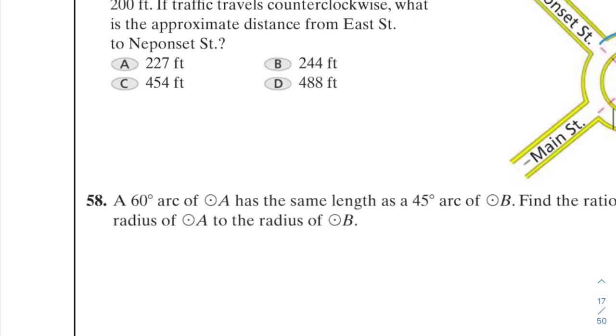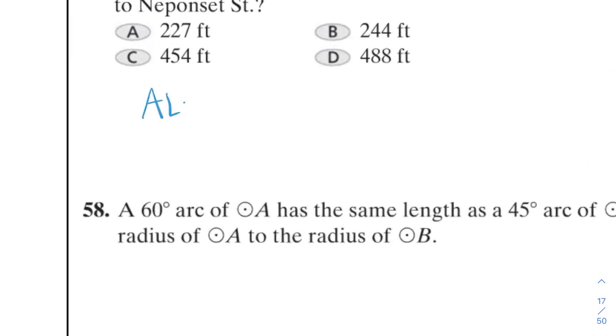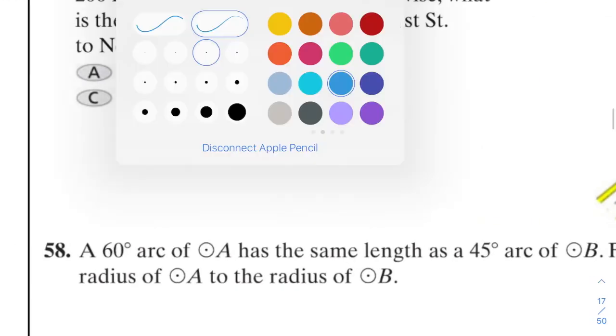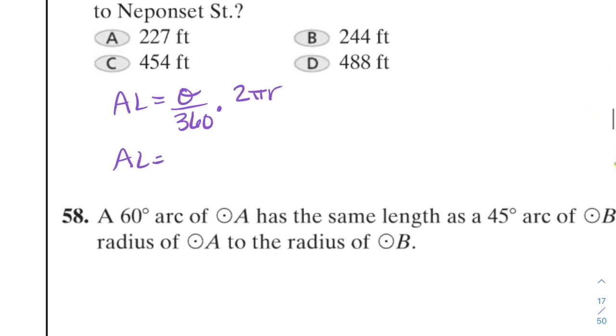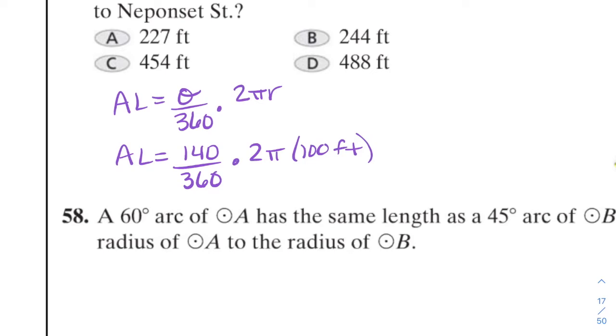So the arc length is going to be equal to, let me clean that up. What color didn't we use? Purple. Arc length equals theta over 360 times 2 pi r. Arc length equals 140 degrees, we said, over 360 times 2 pi times 100 feet. Here is what's really nice about this. We don't need an exact value, we can approximate.